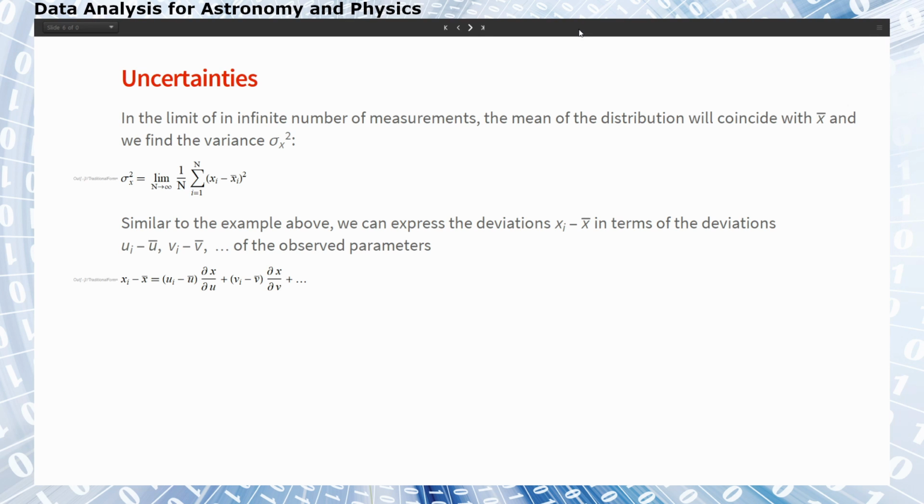And in the limit of an infinite number of measurements, the mean of the distribution will approach the population mean, x bar, and we find the variance of x is the limit for very large n of 1 over n times the sum over all the squared deviations of xi minus x bar.